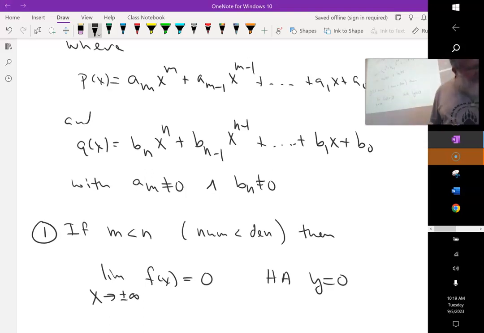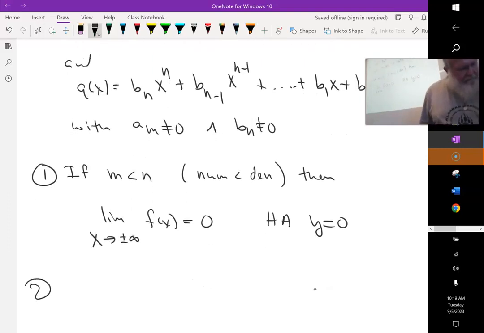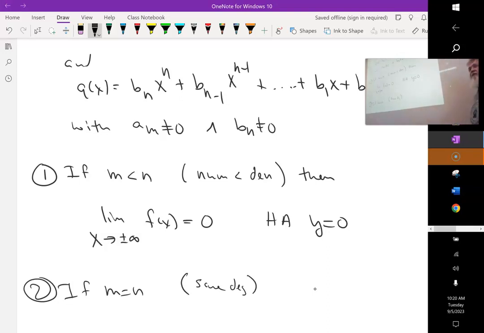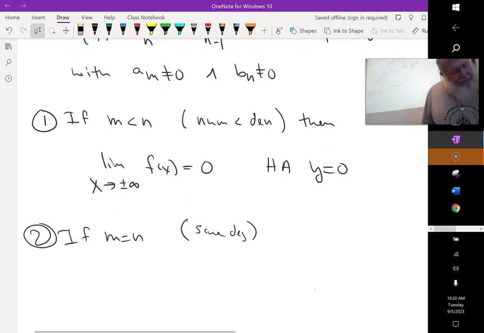Second possibility. If m equals n, same degrees. So we have the same degree in the numerator and the denominator. Well, that means neither one of them dominates. So what happens there is the limit as x approaches either positive infinity or minus infinity of f of x, and we didn't do an example of this one, can't do every example.